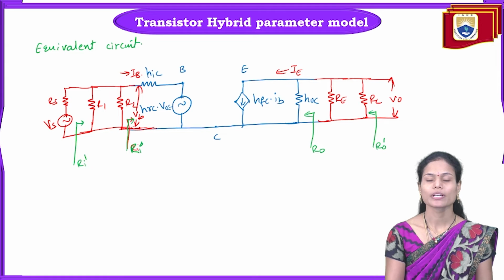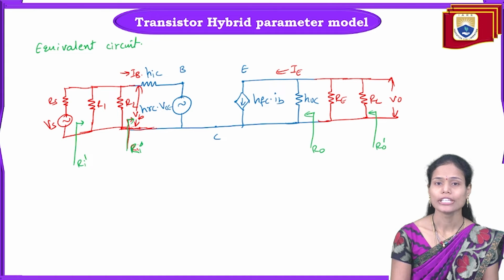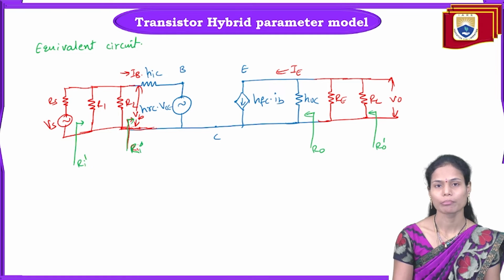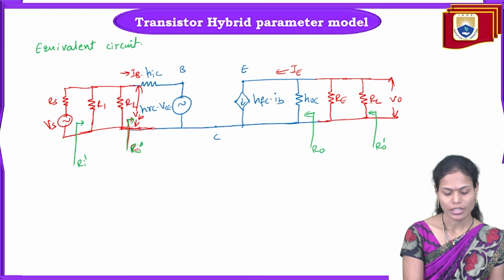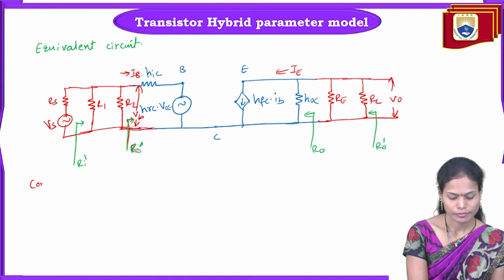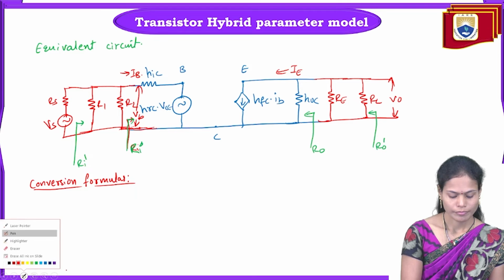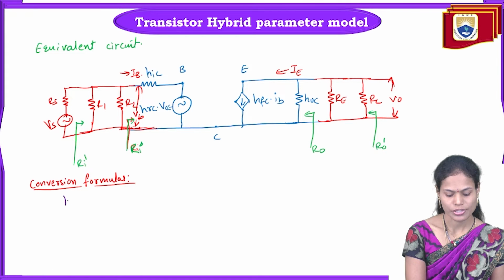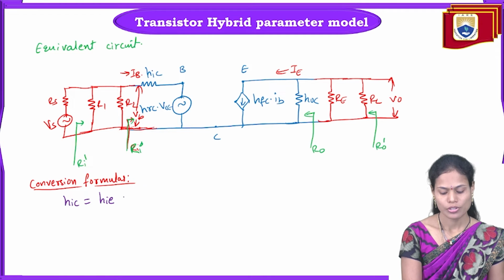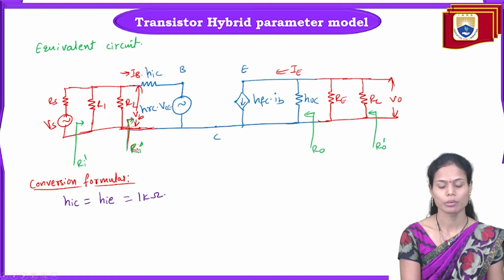From the common collector amplifier, we have drawn the equivalent circuit, and next we will do the conversion of parameters so that we can find all the amplifier parameters. So the conversion formulas: first, the input impedance HIC is equal to HIE only, that is 1 kilo ohm given in the problem itself.